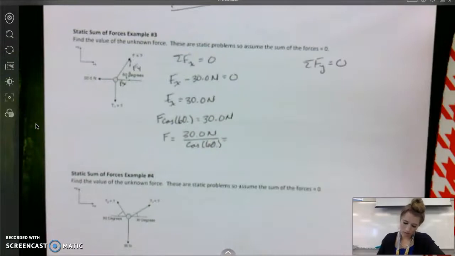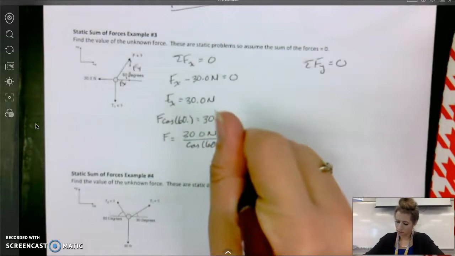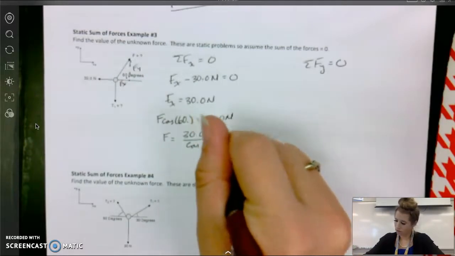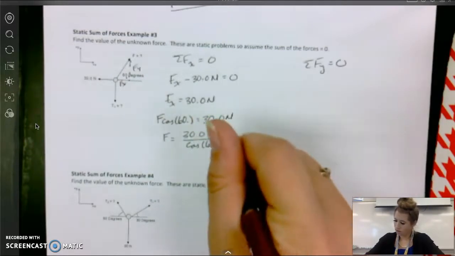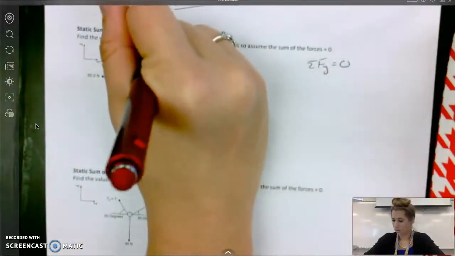Okay? So when I plug that in, 30 divided by the cosine of 60, and I get 60 newtons. Okay? All right, nice. There's our first one. Here's F. It's equal to 60 newtons.